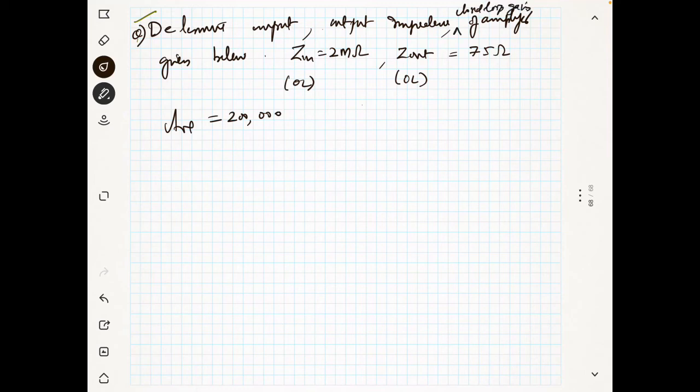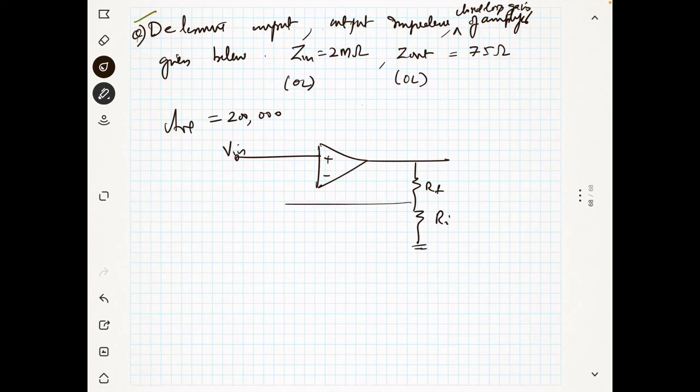Now the amplifier is like this, plus minus V in, and this is RF, this is RI. Regarding the first point, input impedance, I am going to write the answers.